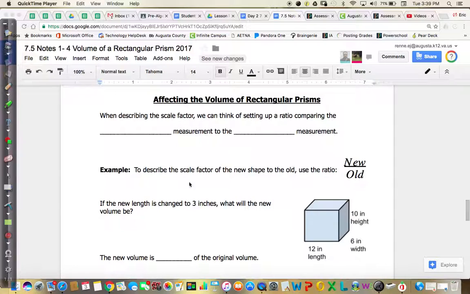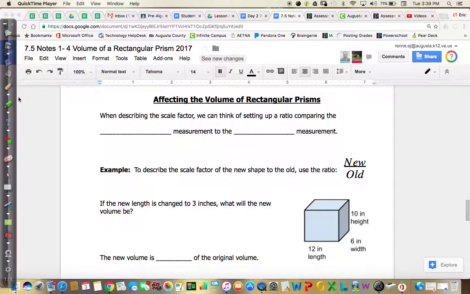And today's lesson is going to give us the ratio of how to calculate the scale factor when you know either what the volume was changed to or what one of the attributes were changed to. And remember, attributes that we're going to be talking about are length, width, and height.